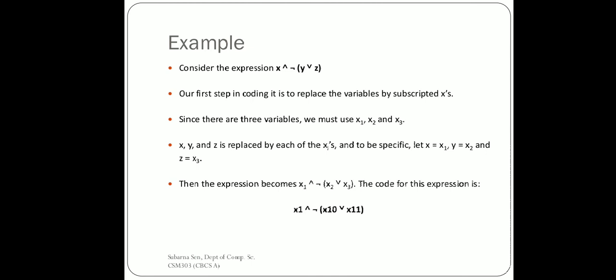So my total expression will be x1 and negation of x2 or x3. Here 1 in binary form is 1, 2 in binary form is 10, and 3 in binary form is 11. So it will look like this.